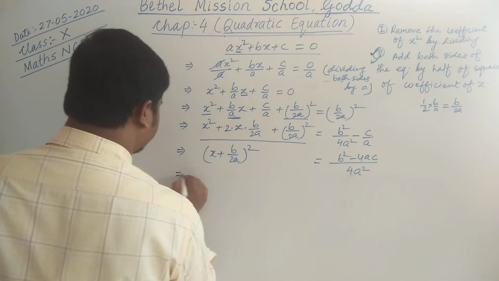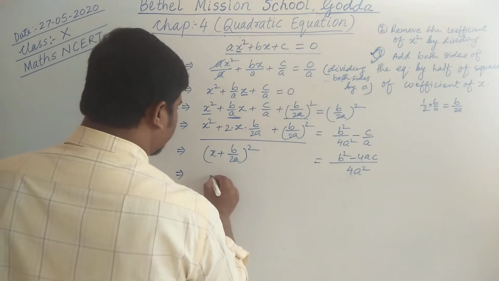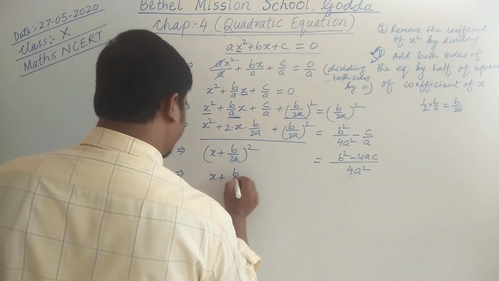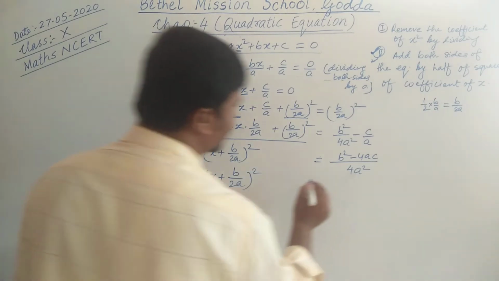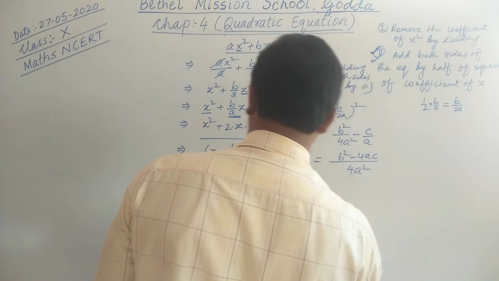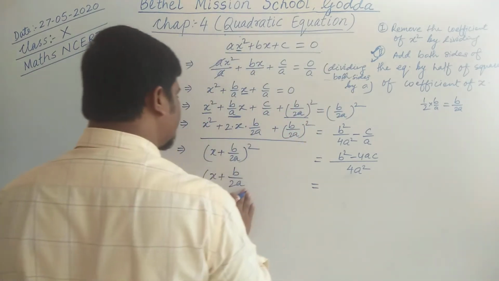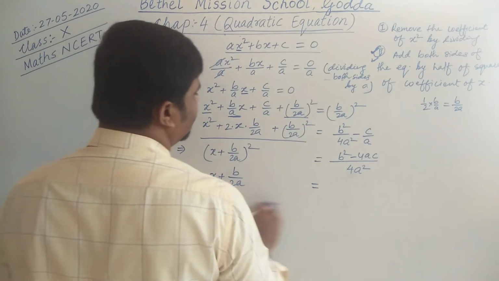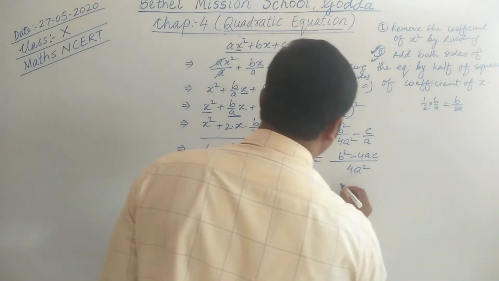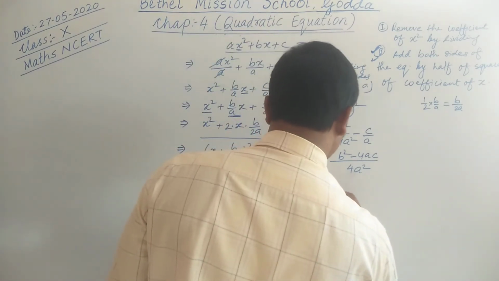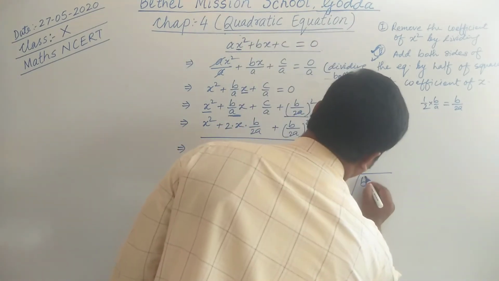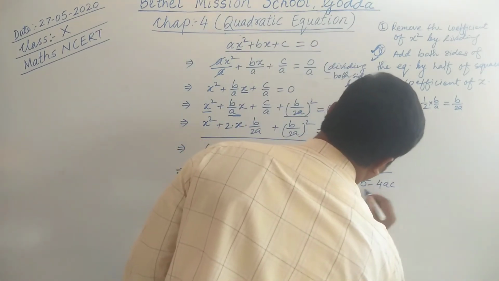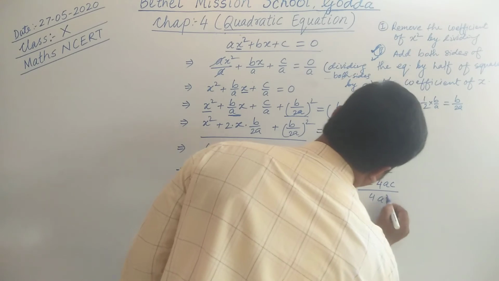After that, x plus b by 2a whole square equal to, now this square will transfer to that side. When you transfer the square to that side, you get plus minus square root of b square minus 4ac upon 4a square.